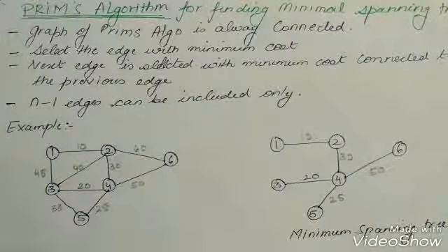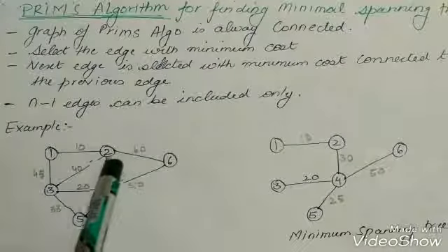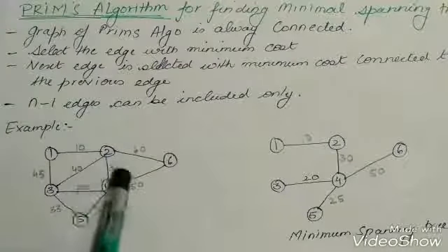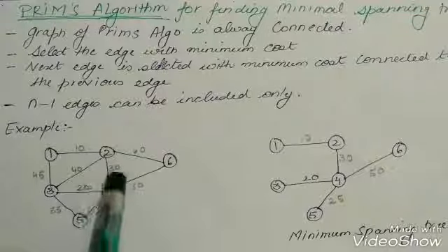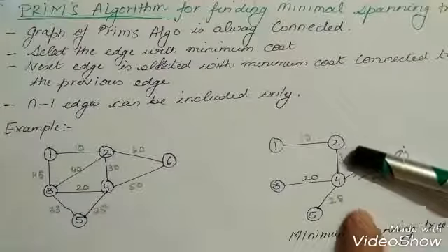What is the minimum weight connected to 2? We have 10, 40, 30 and 60. 10 is already included, so the next minimum weight connected to 2 is 30. So we have taken this edge 30.